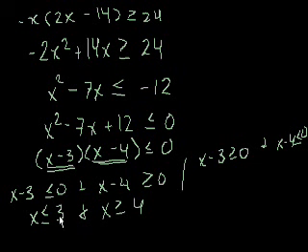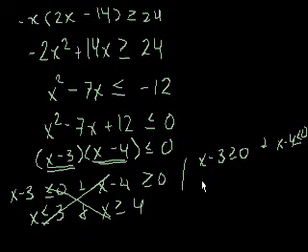So both of these things have to be true. X has to be less than or equal to 3, and x has to be greater than or equal to 4. Well, let me ask you a question. Can something be both less than or equal to 3, and greater than or equal to 4? Well, no. So we know that this situation can't happen. There's no number that's less than or equal to 3 and greater than or equal to 4.